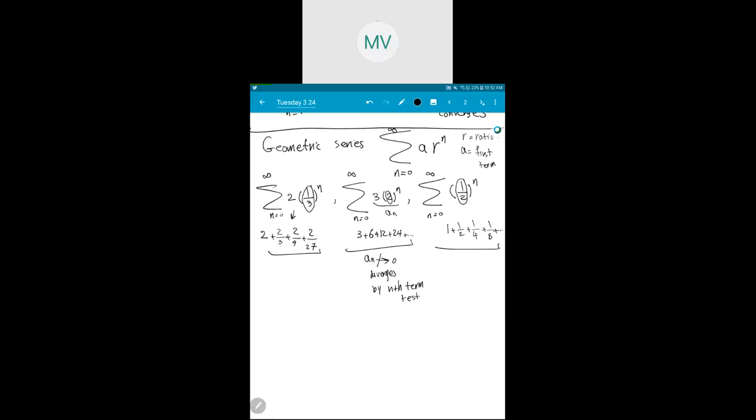All right, let's do some algebra. This is what you guys can check later. If you have 1 minus x and you multiply it by 1 plus x plus x squared plus x cubed plus, let's say, x to the n, then if you distribute it, you see it's going to be 1 minus x to the n plus 1.